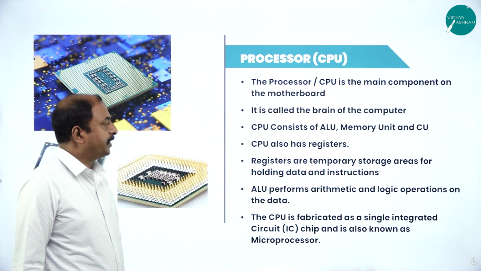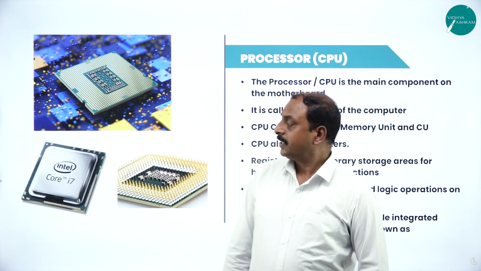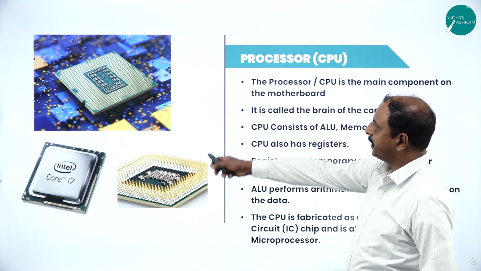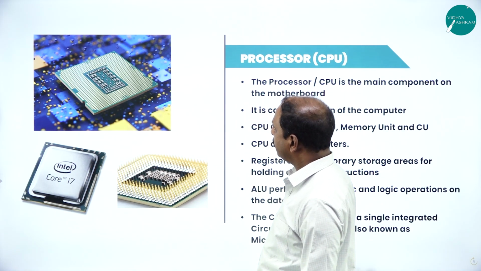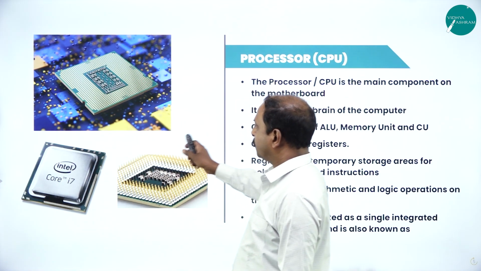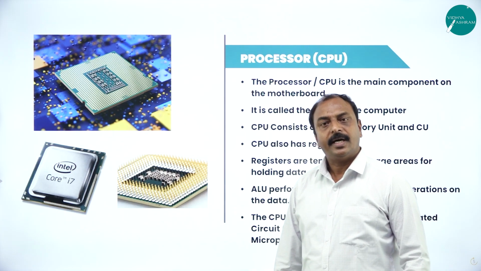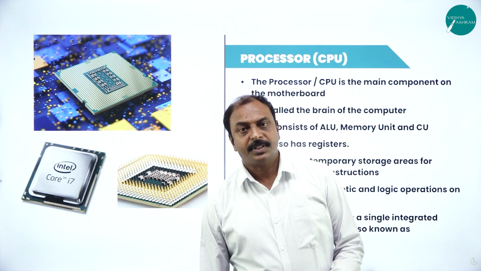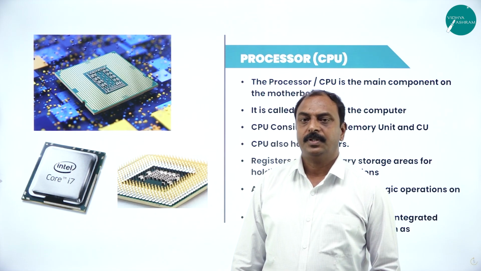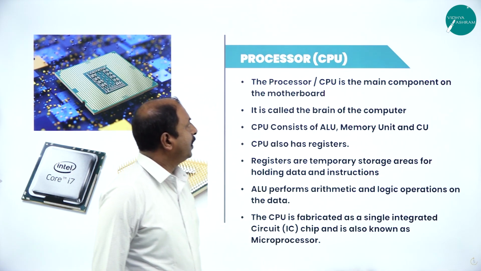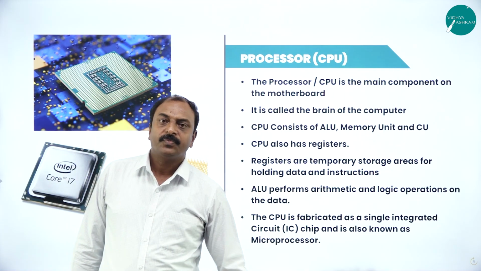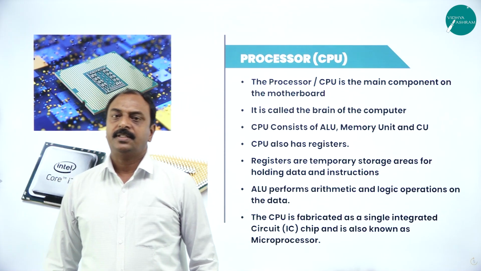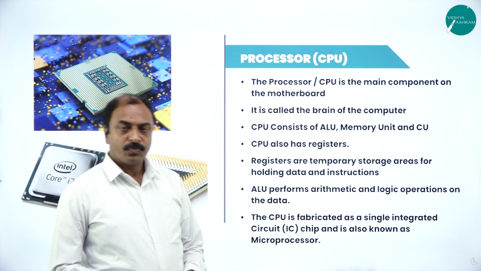Now let us start our discussion with the component, that is processor. Now you can see the picture of processor here. These are the microprocessor, or nothing but IC. So microprocessor is the largest IC on the motherboard. What is a processor? In our previous session we discussed how computer works.